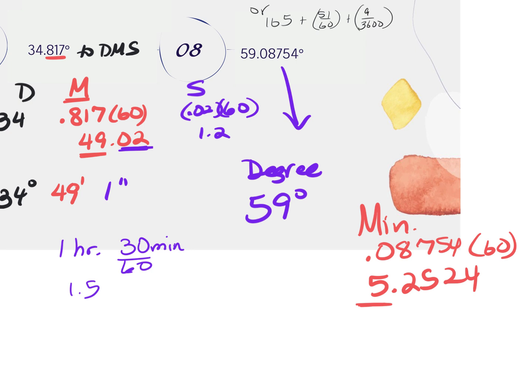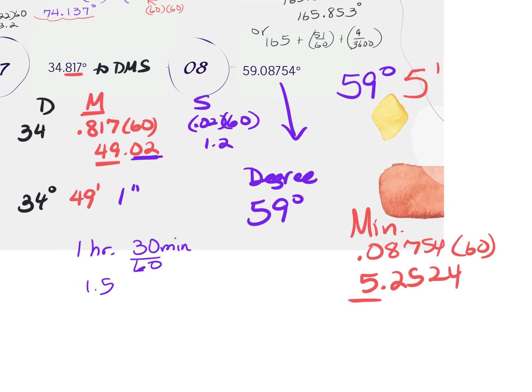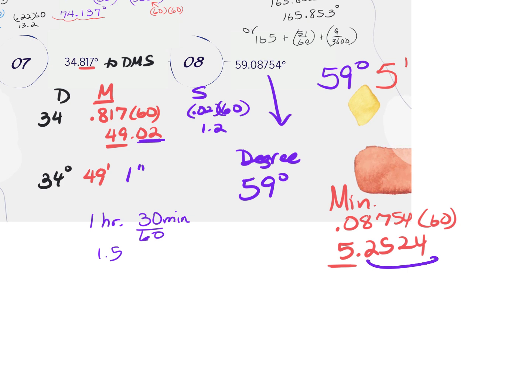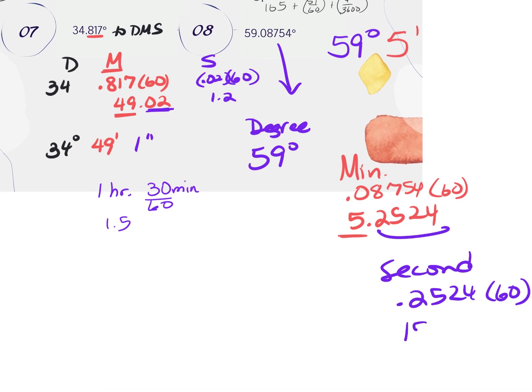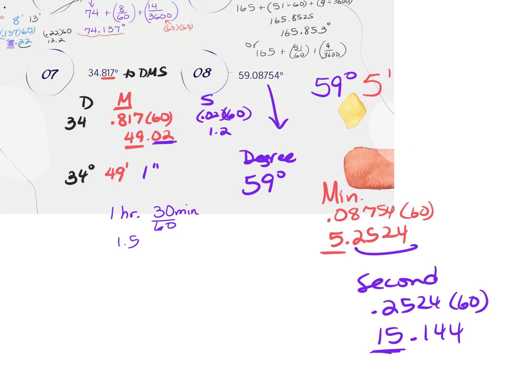So far I've got 59 degrees, 5 minutes, and now I have to calculate my seconds. And my seconds, I take the 0.2524, times it by 60, and this will give me 15.144. And again, I'm going to round to the whole number, so just 15. So 59 degrees, 5 minutes, and 15 seconds.